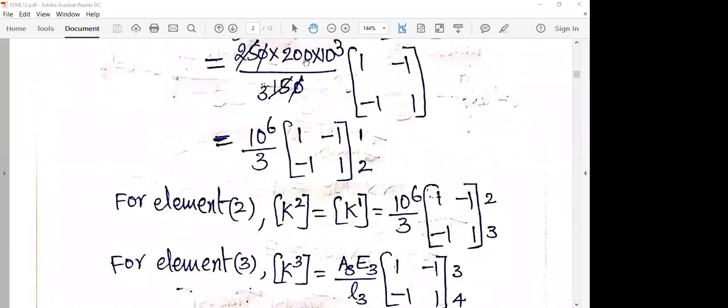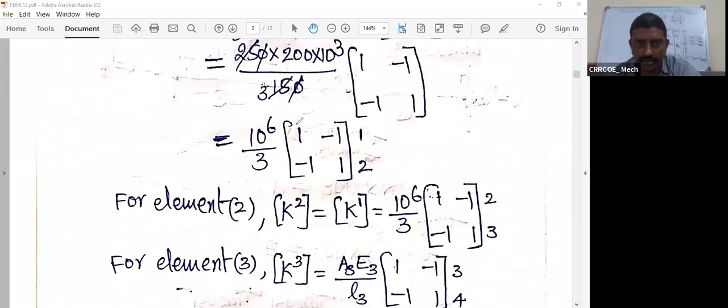So for element 1 stiffness matrix, this is K11, this is K22, this is K12, this is K21. The element stiffness matrix is always a symmetric matrix.